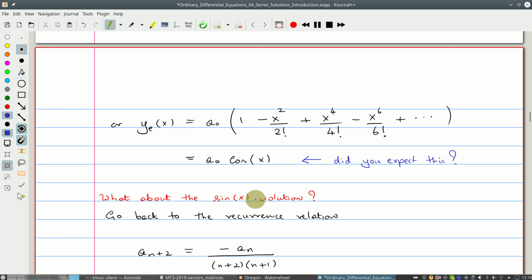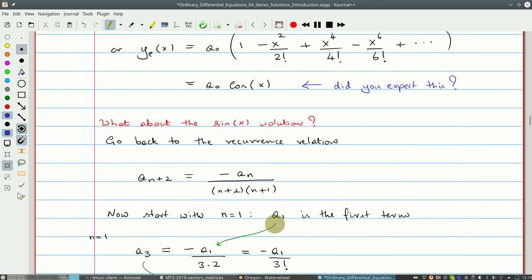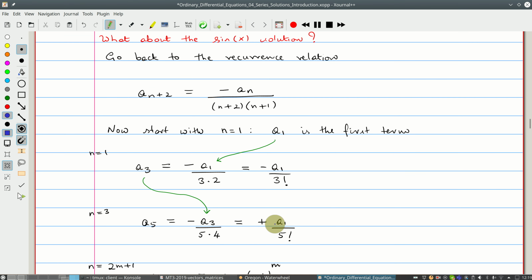But what about the sine solution? Well, I hope you can guess how we get that one. We go back to the recurrence relation. And this time we start with n equal to 1. So a1 is the first term. If n is equal to 1, we get an a1 over here. And a1 lets us define what a3 is.